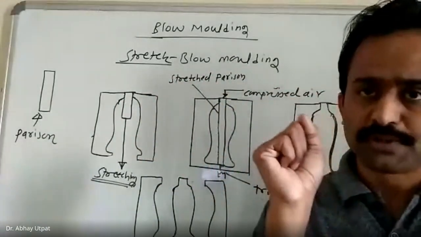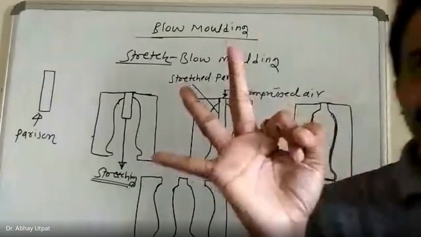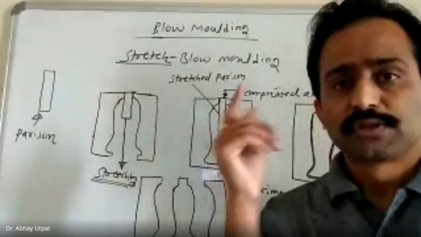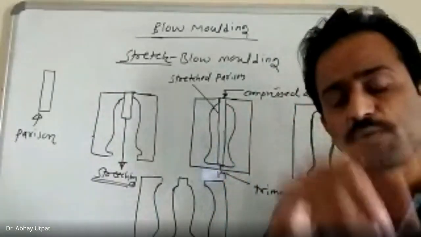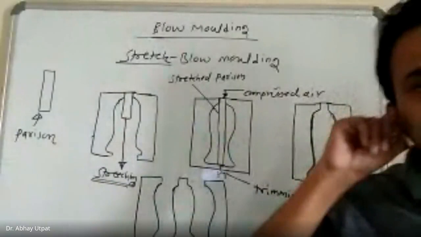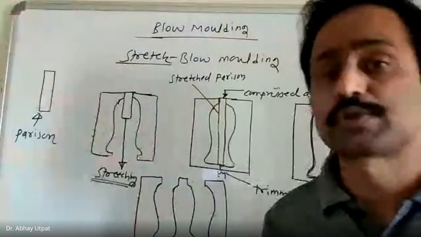Blow molding process is of three types. First one is extrusion blow molding, second is injection blow molding, and third is stretch blow molding. So extrusion blow molding is carried out for the parts which can be easily extruded. It is a unique step operation starting from extrusion. The material which is coming out through the extruder is called parison.